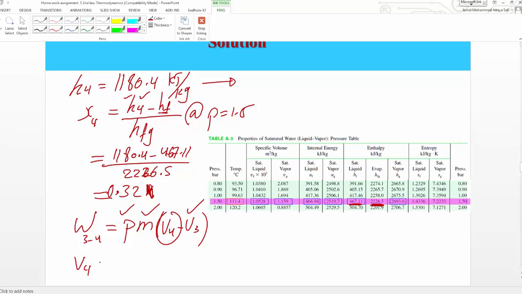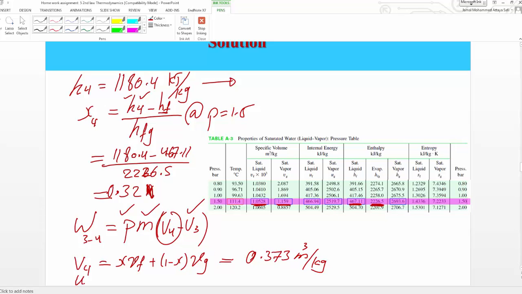So V4 is equal to X VF plus 1 minus X VG. This is VF, this is VG, and if you do this, you're going to get V4 as 0.373 meter cube per kilogram.